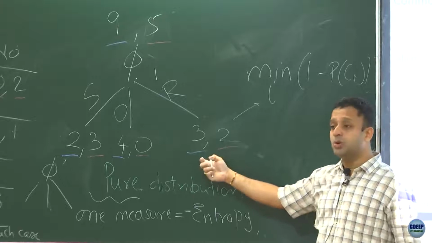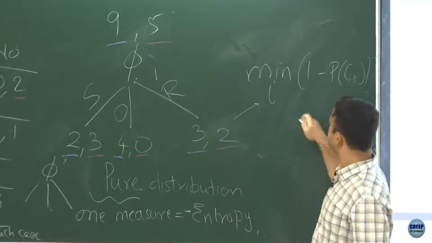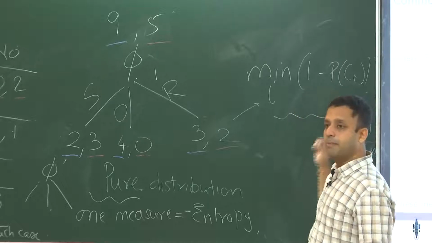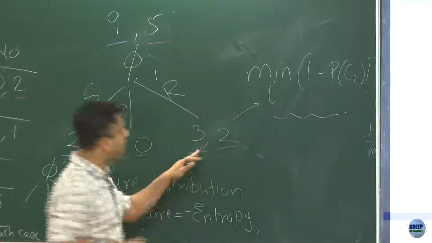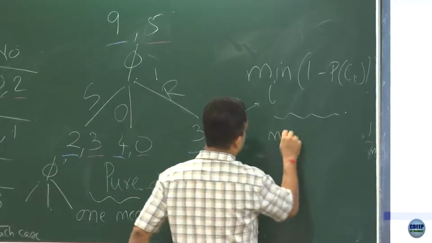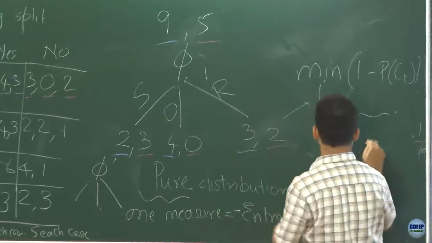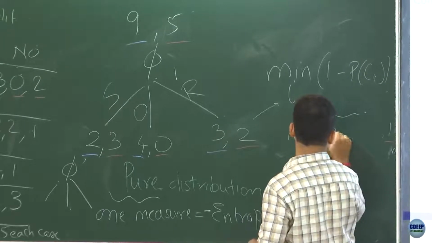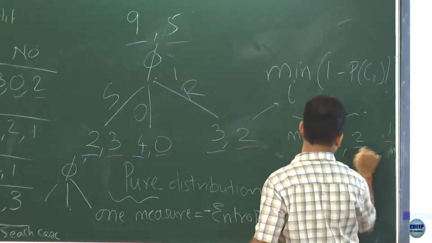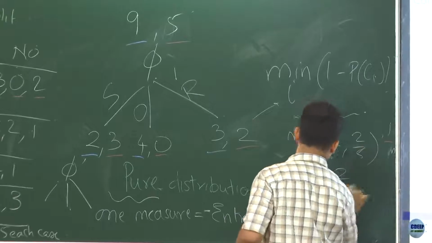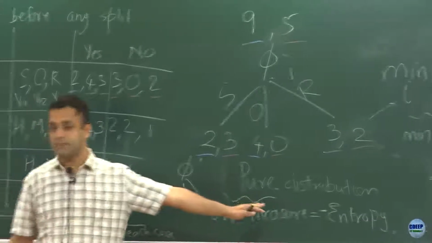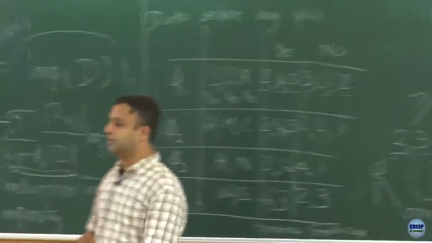So you will have to look at min of 1 minus 3 by 5 and 1 minus 2 by 5. Min of 3 by 5 and 2 by 5 is 2 by 5. So that is the measure of impurity associated with this class. Min value of 1 minus probability of each class.